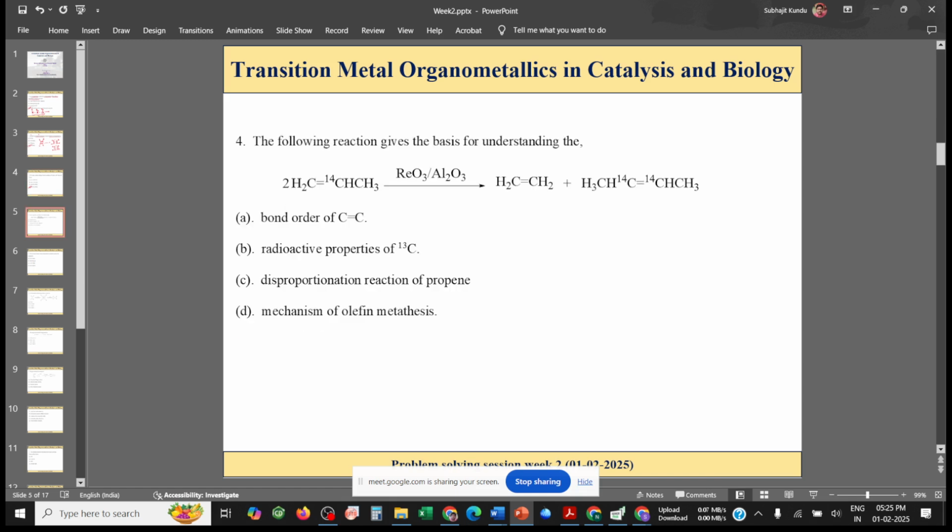This is another one. So this one and this one are the two experiments. In one experiment, scientists labeled the hydrogen with deuterium.